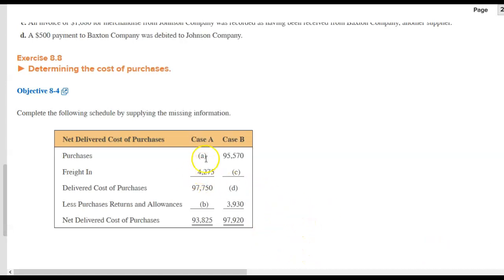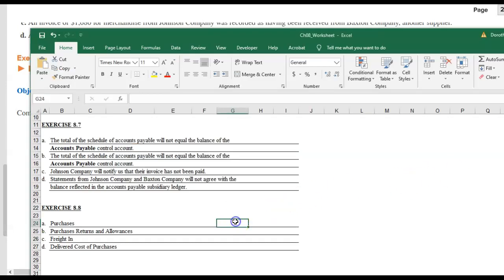Okay. In this case, they don't give you the purchases. They want you to do the subtraction. So they want you to take the 97,750, subtract the 4,275 to give us A. Once you do that, you'll figure out the net purchases are really 93,475. Let's see, do they give us the purchase return and allowances?